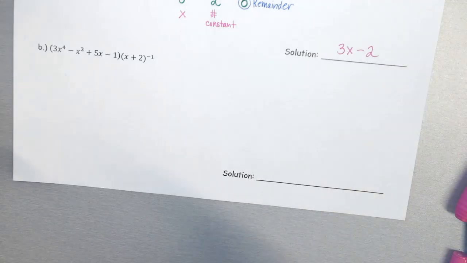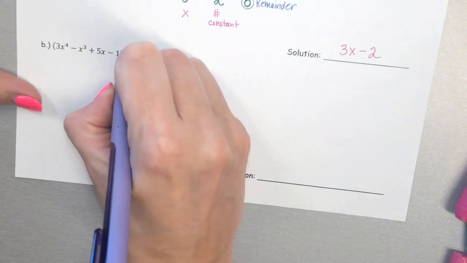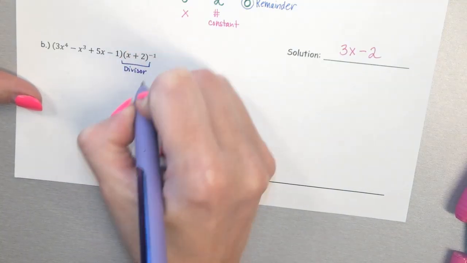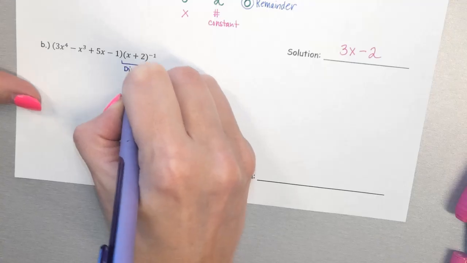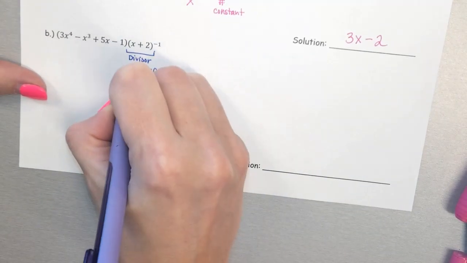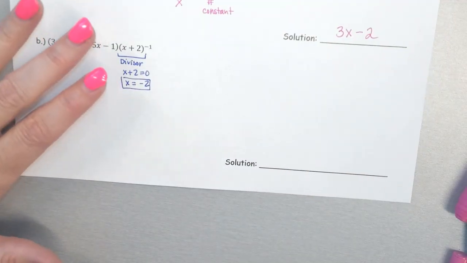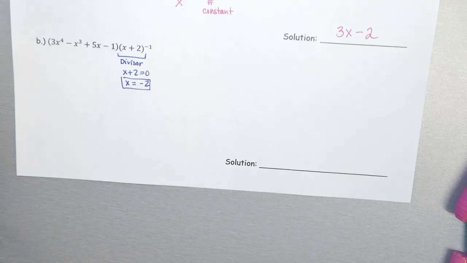So we can just start by understanding that this is the divisor, right? If this is the divisor, what is x going to equal? Negative 2. And it's fine if you realize that right away and put that value on there.